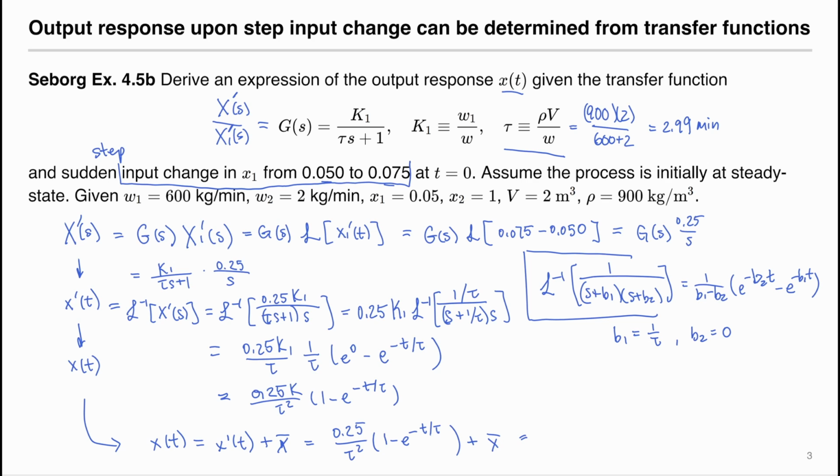We have 0.025 divided by 2.99, times 1 minus e to the negative t divided by 2.99, plus the steady state value we calculated in the last section, 0.05.